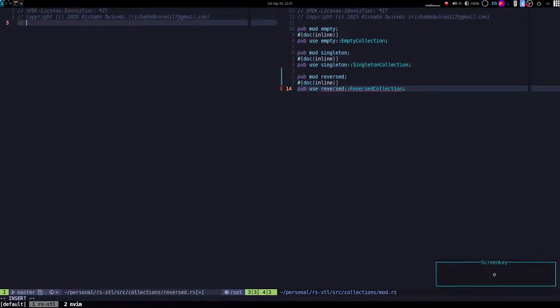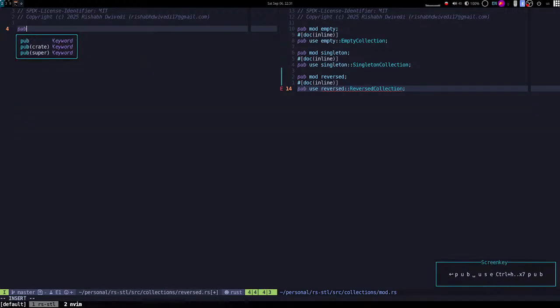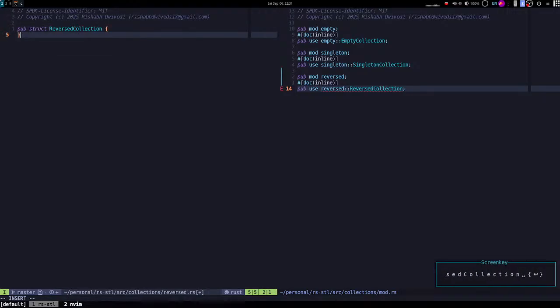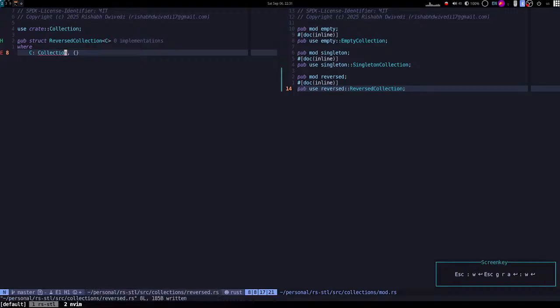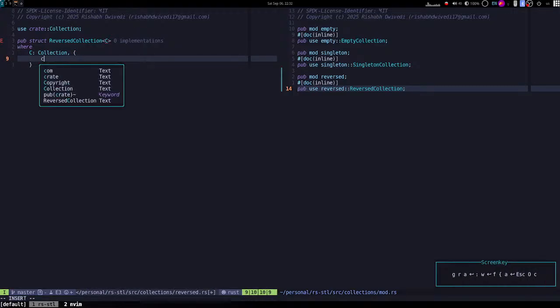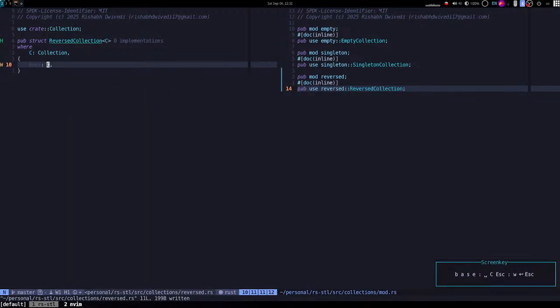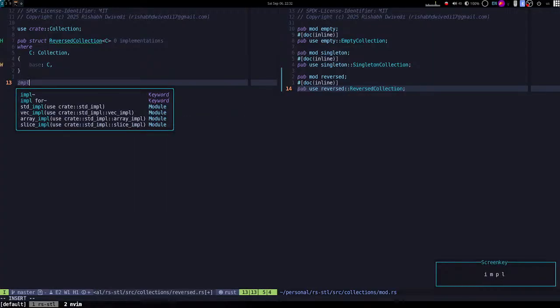Okay, so pub struct ReversedCollection of C, where C is a collection, and let me include collection, and base is C. And how will we create the reversed collection? It will be simple.